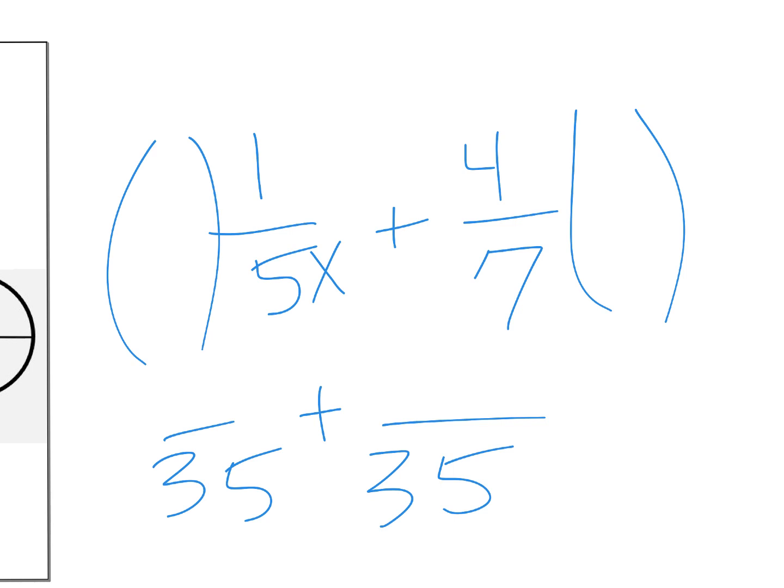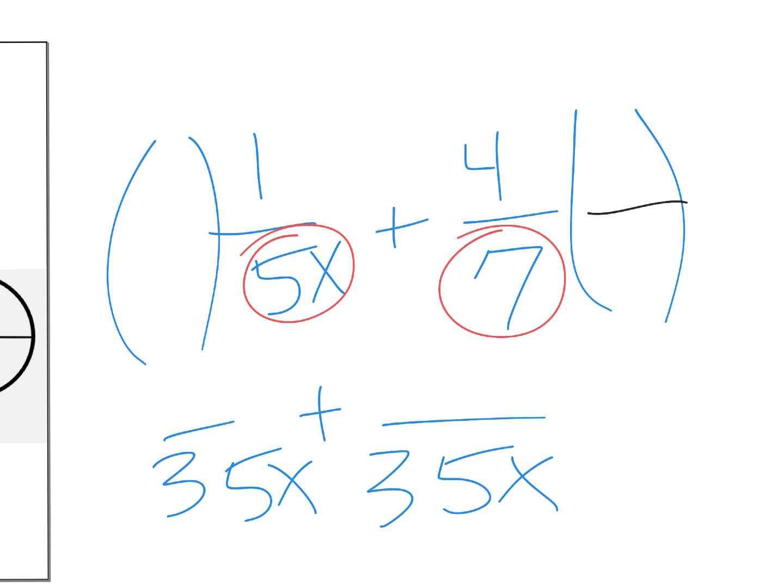Do you get we still just multiply these two? And our denominator just is going to be 35x. So what do I need to multiply this by? Well, it's not quite as simple as it used to be. You used to be able to just say, oh, multiply by 5. Vikram, what do you think I'm going to do now instead?